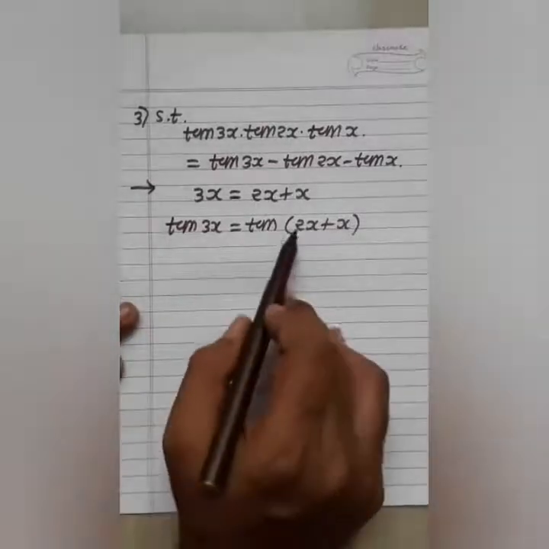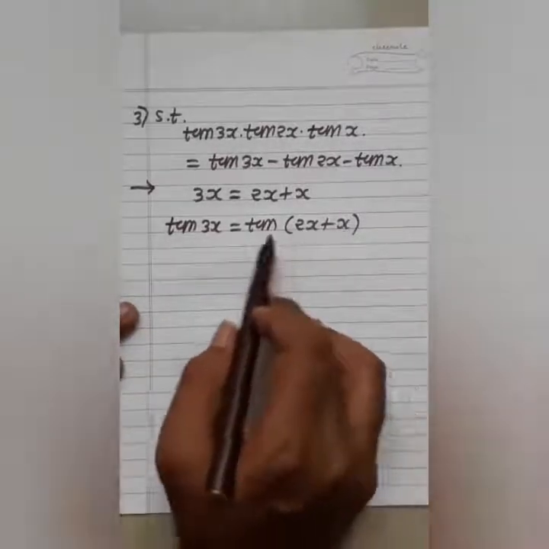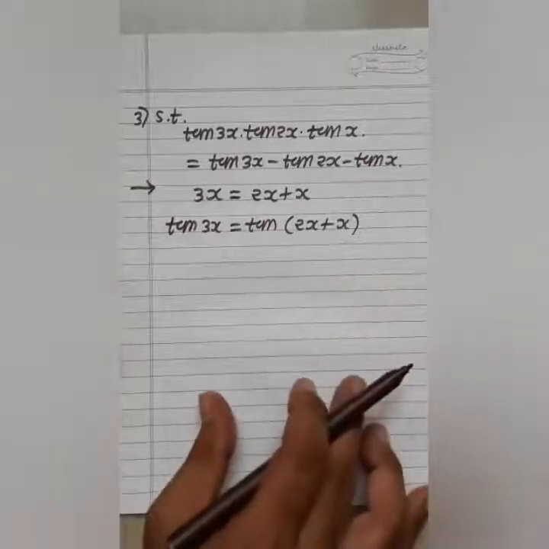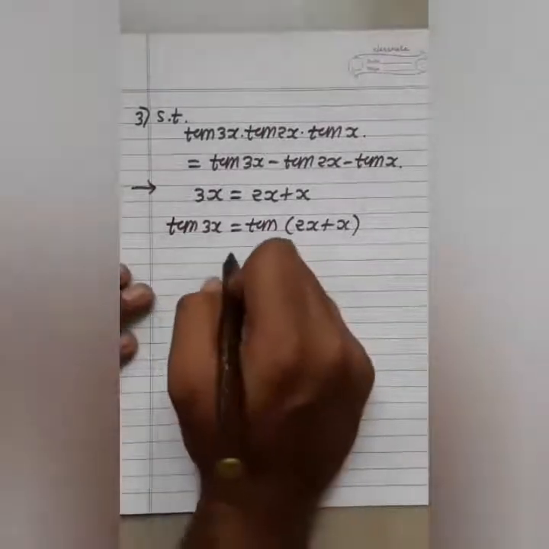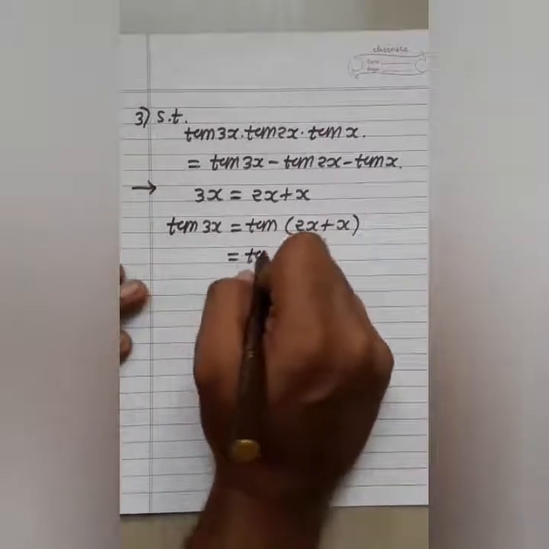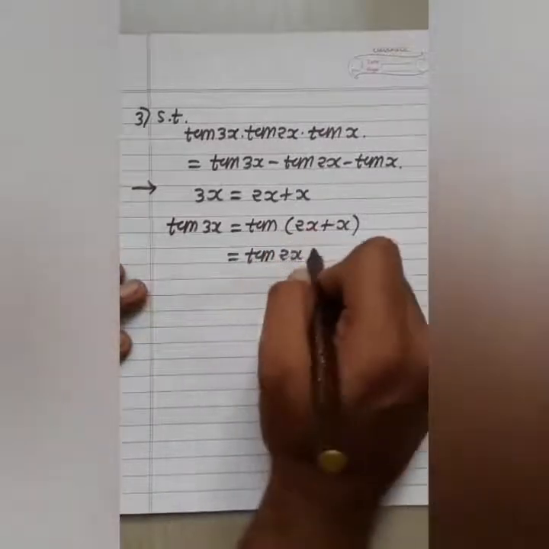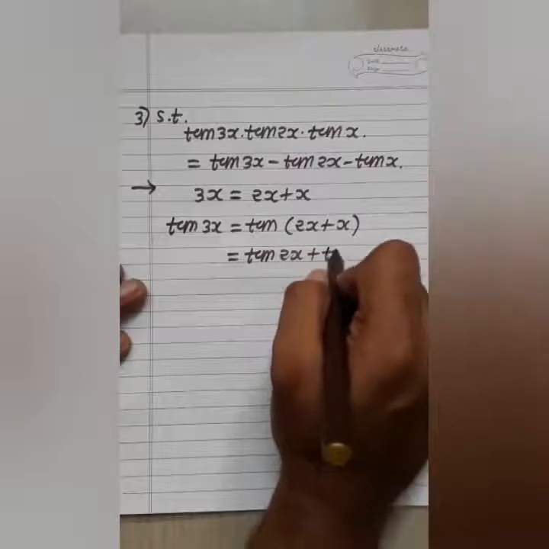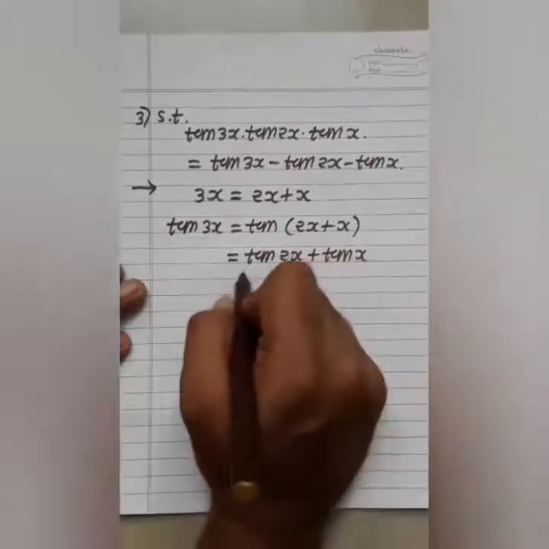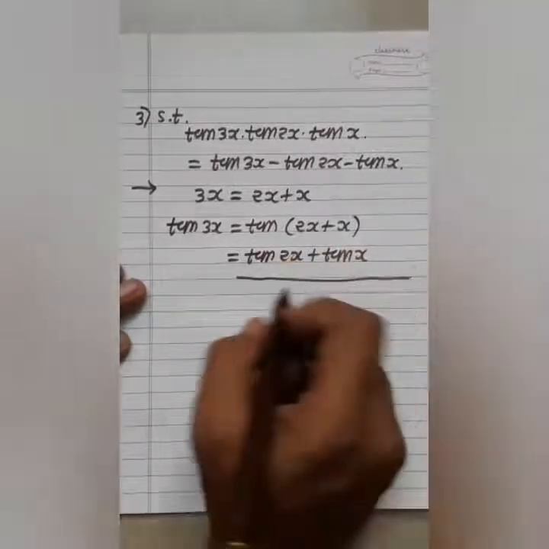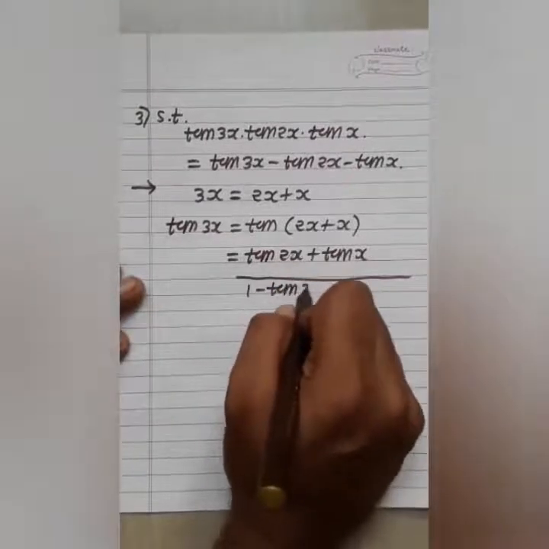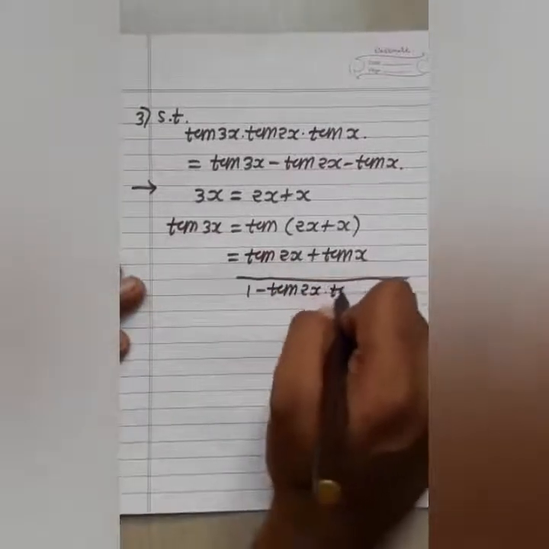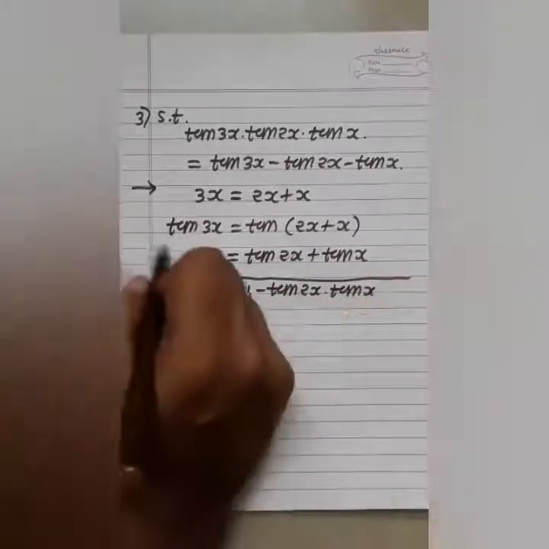Now after applying the identity tan(a plus b), that means tan a plus tan b upon 1 minus tan a into tan b. So here we can write tan 2x plus tan x upon 1 minus tan 2x into tan x.